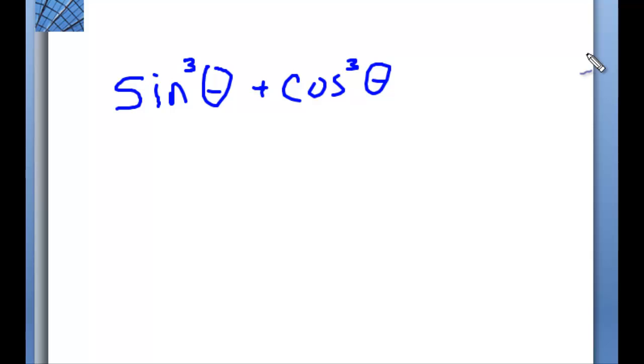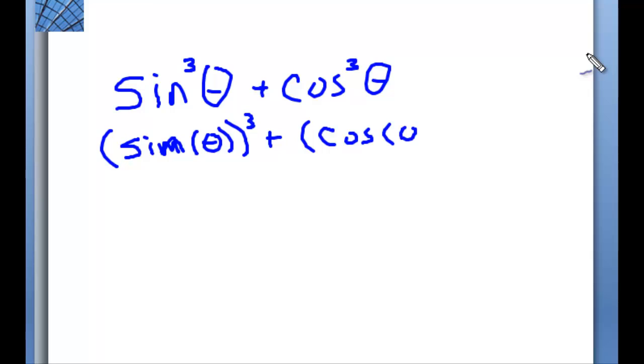Unfortunately, the calculator doesn't recognize that, and you have to write it all out with lots of parentheses. So this would be sine of theta, close the parentheses, and then that whole thing is cubed, plus cosine in the parentheses of theta, and that whole thing is cubed.